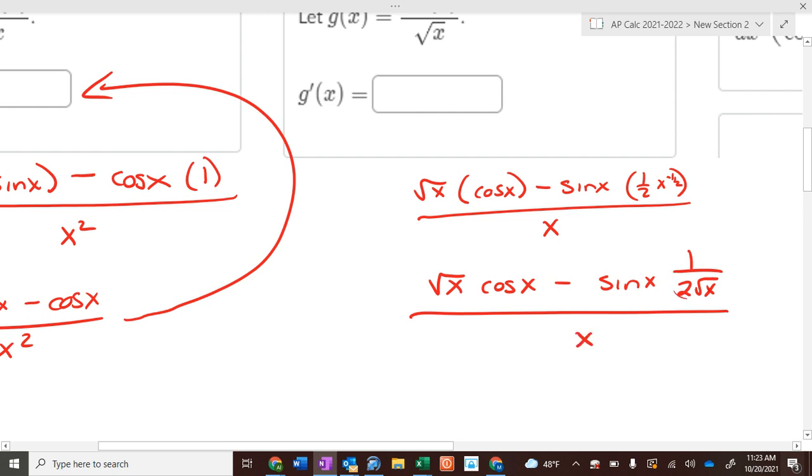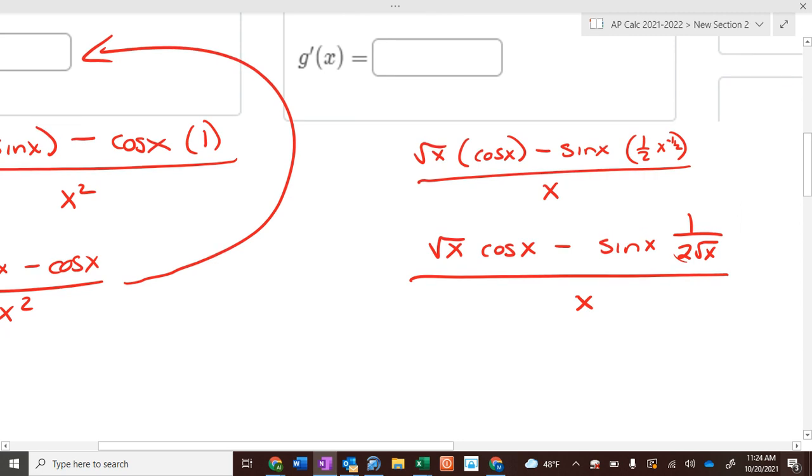So how can we handle this? How can I not have that in the numerator? Because I don't know if they'll count it right if it's listed like that in the numerator. And on the AP test, it probably will not be counted right.